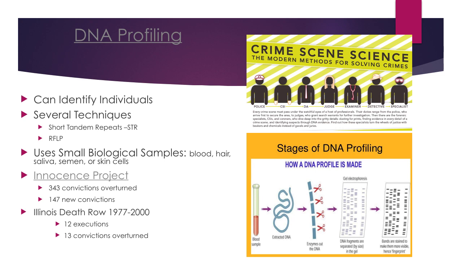And in cases where there are biological samples, we can tell if those samples come from the person that's convicted. In fact, the Innocence Project has been using DNA samples to look at convictions, and they've overturned 343 convictions. And even more importantly, the samples have often led to new convictions.